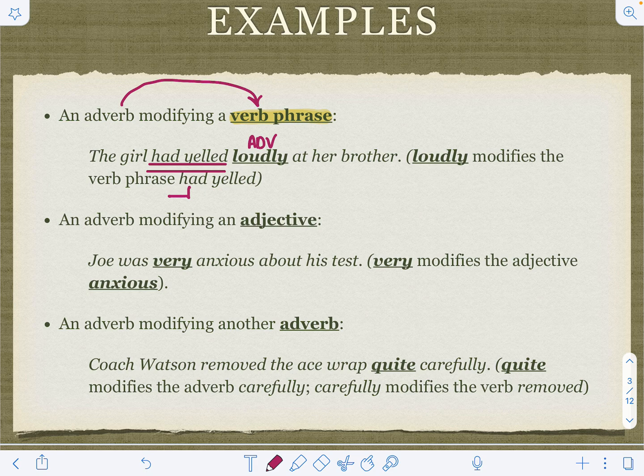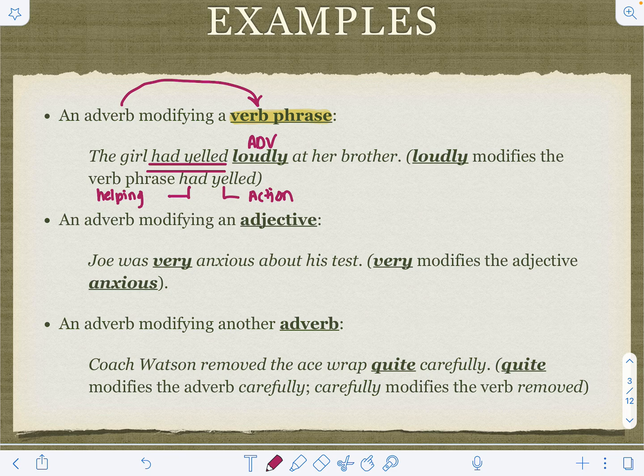Had is our helping verb, and yelled is our action verb, and together they form a verb phrase. So as you can see, a lot of the lessons we had from semester 1 are going to start building with grammar lessons in semester 2.